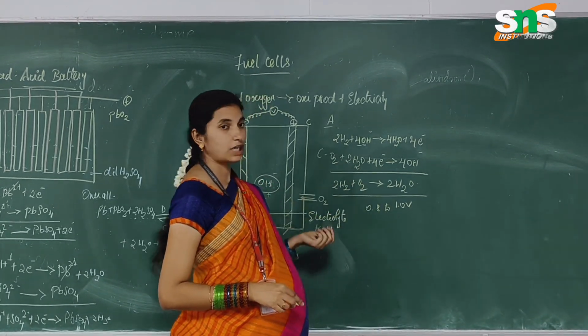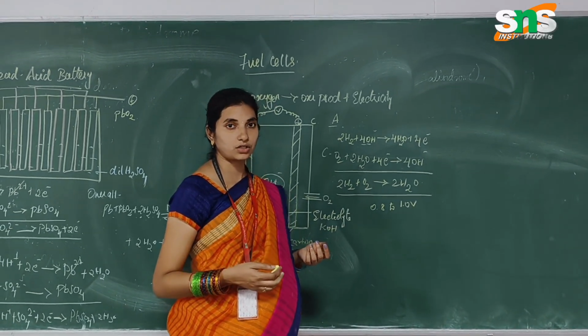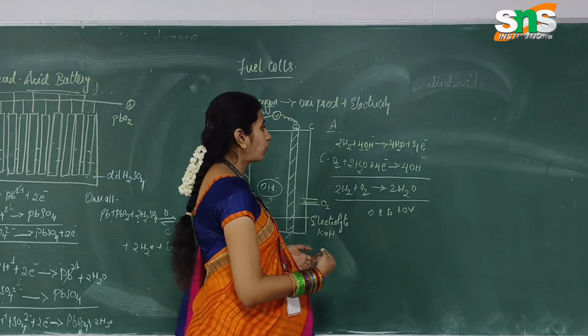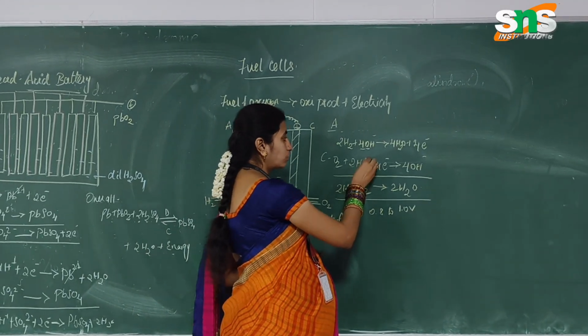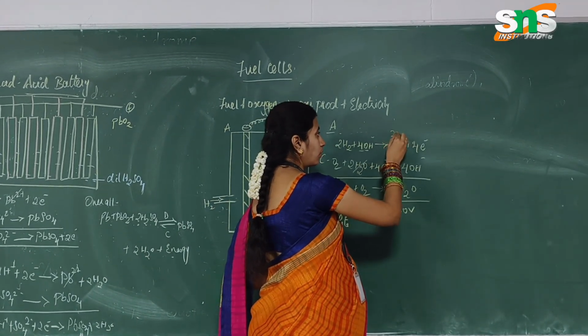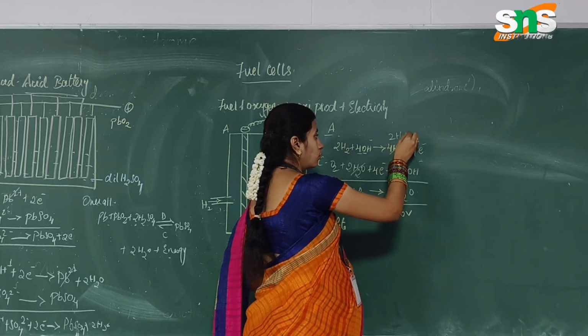From the anode and cathode reactions, we cancel the common terms, such as the 4H2O and the electrons, and we get the final overall reaction: 2H2 plus O2 gives 2H2O.